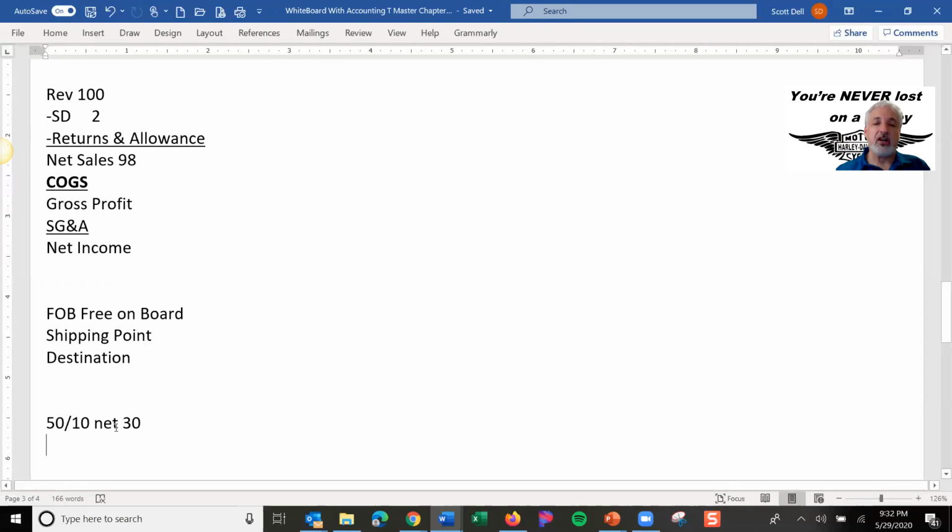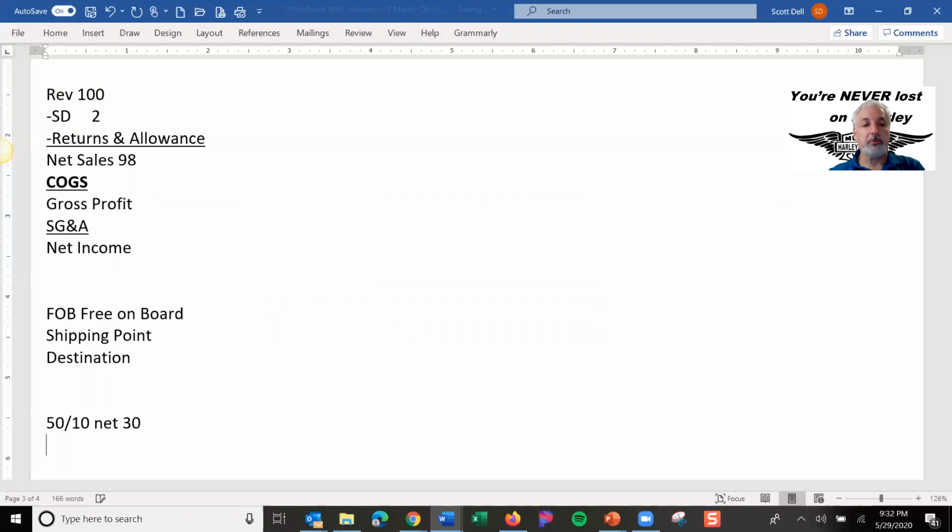But this 50% was based on the retail. I wanted to pay wholesale because I had to sell it. I normally didn't sell it for 100% full retail, although sometimes I was able to, but usually I had to discount it. So if I had to pay the retail price and sell it at retail, I make nothing. If I had to pay the retail price and sell it for less than retail, I lose money. So this was quite the motivator, 50, 10, net 30.